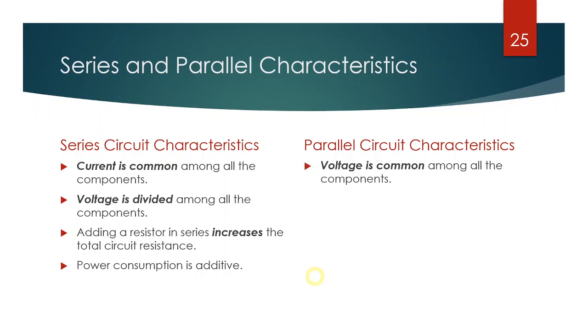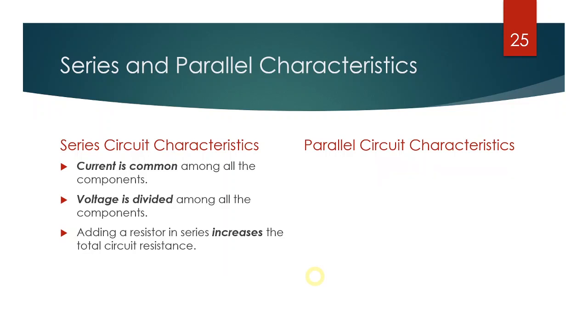Conversely, let's look at the parallel circuit characteristics. Voltage is common among the two. So the current is no longer going to be common, but the voltage is going to be common. Remember, if we look at the picture, it has those components both connected across the power supply.